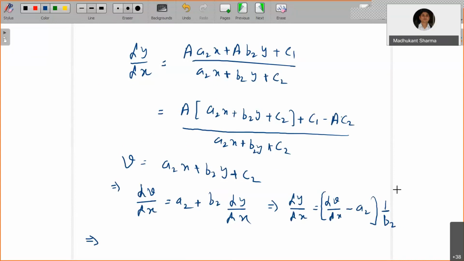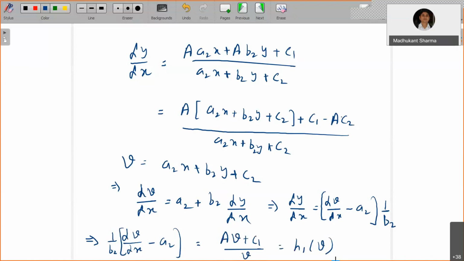So now this implies dv by dx minus a2, times 1 by b2, equals the numerator a times v plus c1, divided by v. So it is purely a function of v, let's say h1 of v.